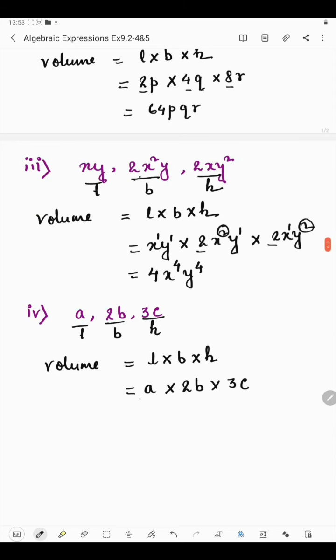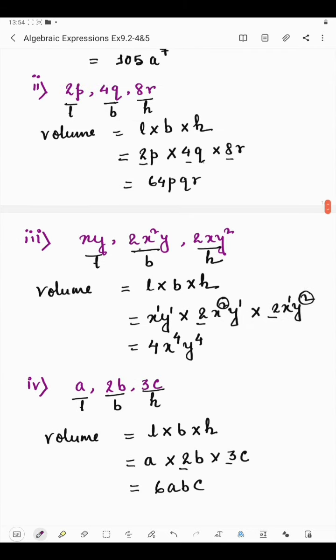Now we will multiply the numbers first. 2 3s are 6. Now after 6 we have three variables a, b, c. a is given one time, so we'll write a, b is also given one time, so b, and c is also given one time, so c. So the answer of the fourth part will be 6abc.